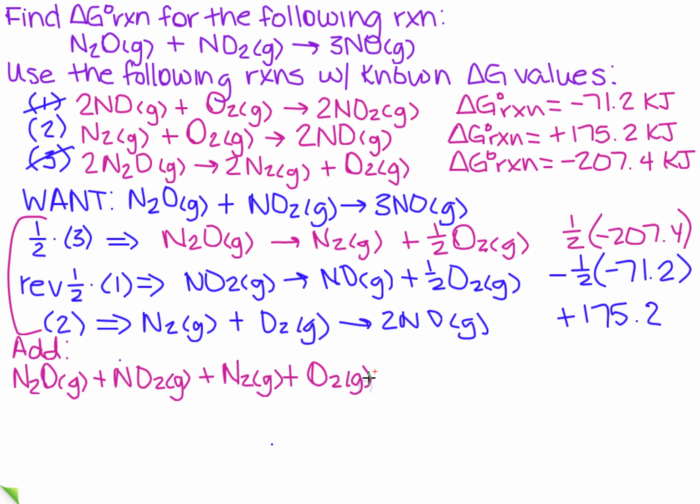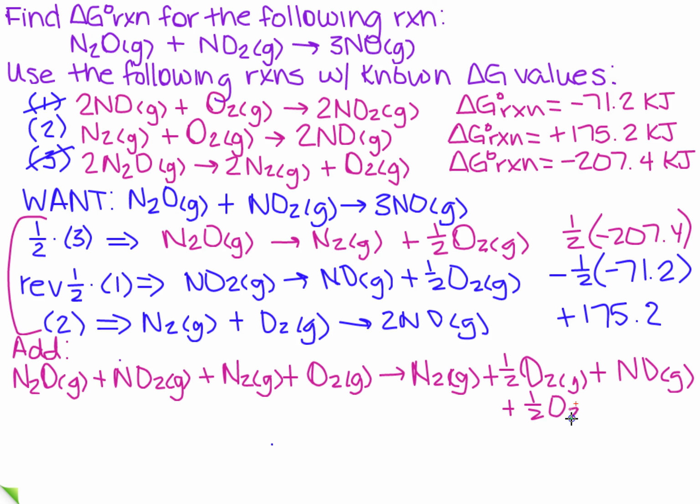So that's what I have on the left. Then on the product side, I've got N2 gas plus 1/2 O2 gas plus NO gas. You knew I was going to run out of room, right? Plus 1/2 O2 gas plus 2NO gas.